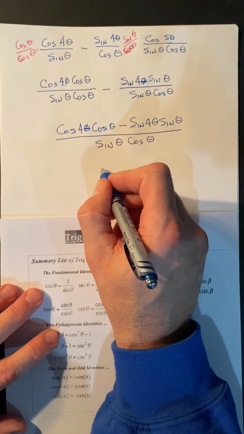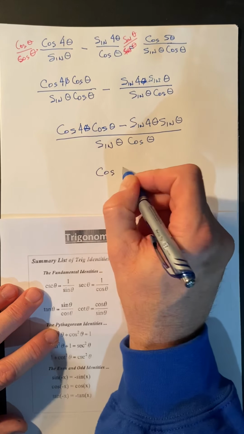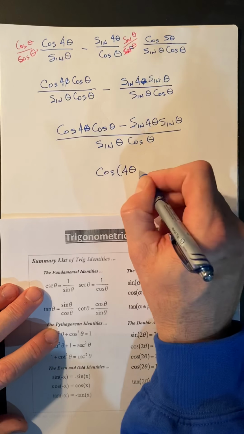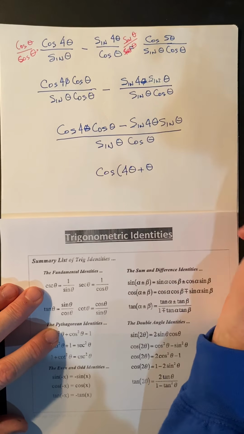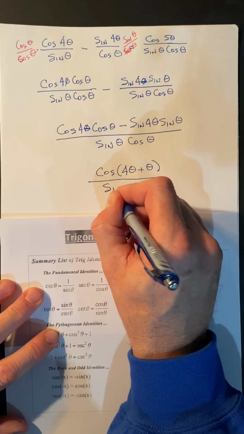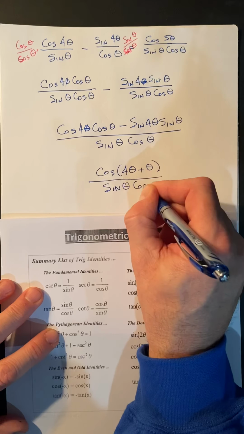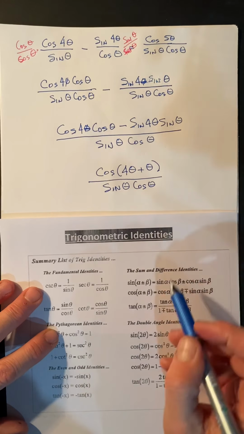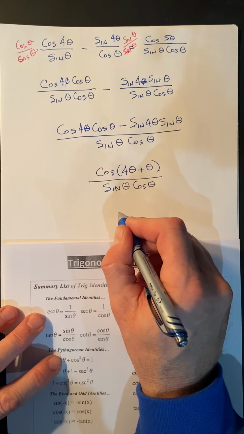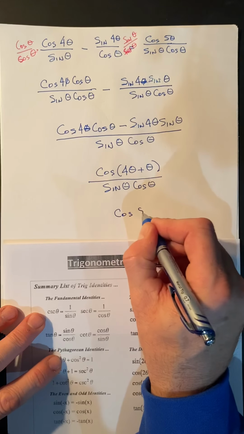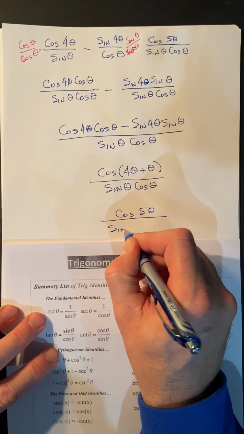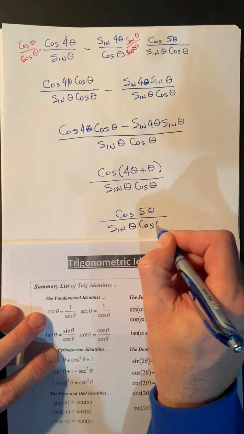So on this side, I would have now cosine of my alpha plus my beta from my problem all over sine theta cosine theta, right? And I know from this, all I have to do now is add my thetas, and I get cosine 5 theta all over sine theta cosine theta.